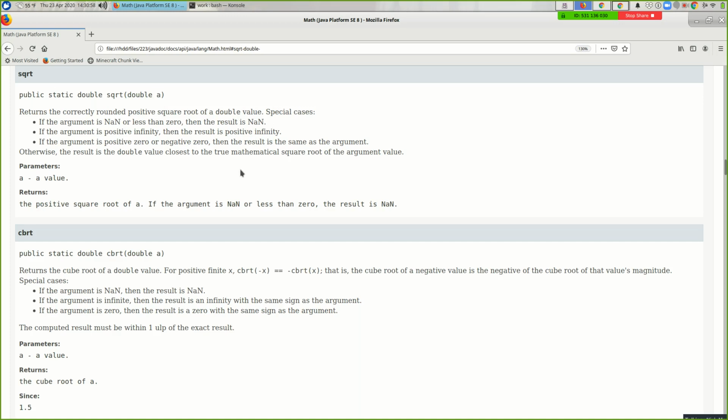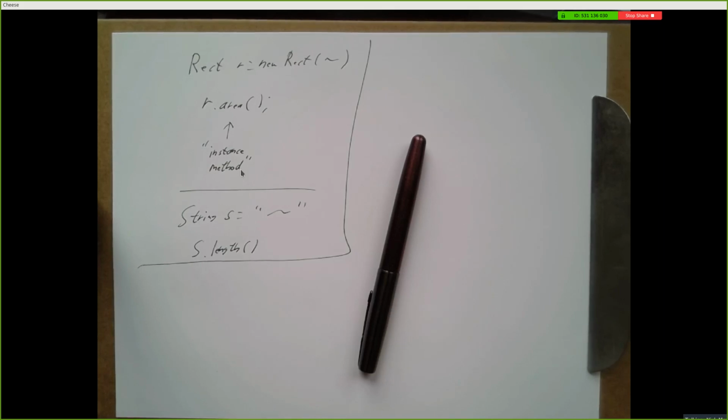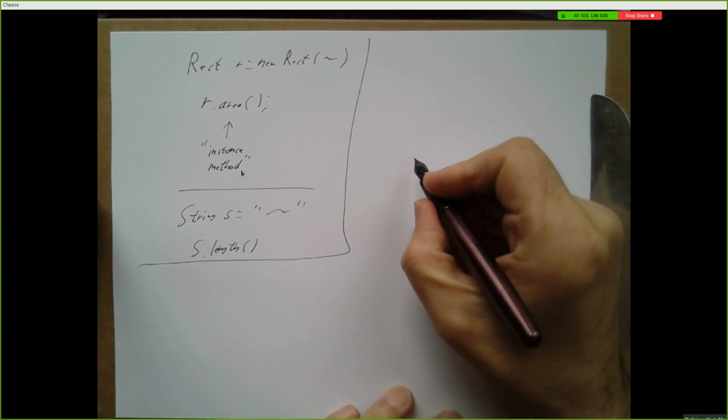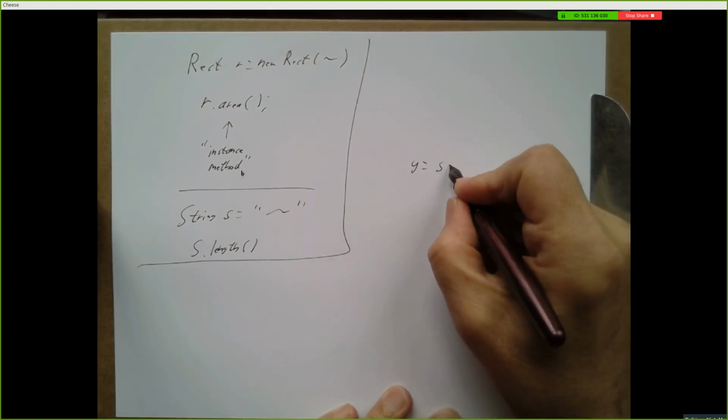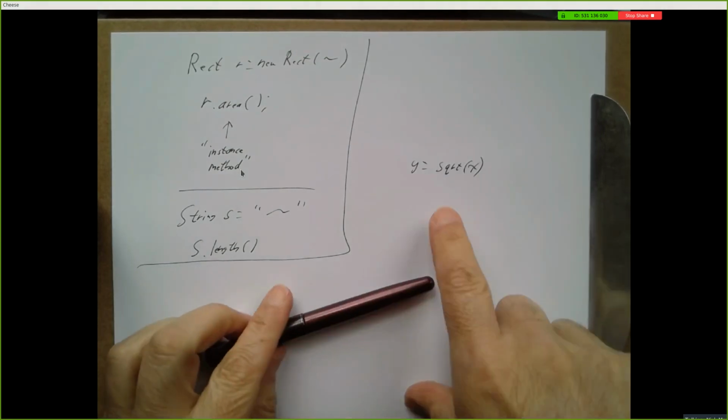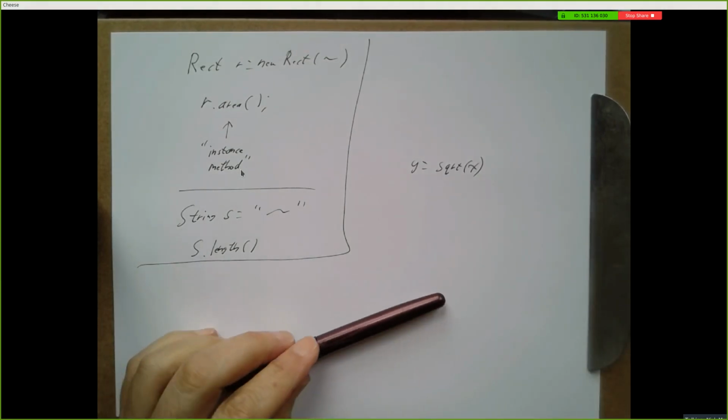All right. Let's think about this. So square root is part of the class math, and I want to say something like, you know, y equals square root of x. Well, square root is part of math, right?